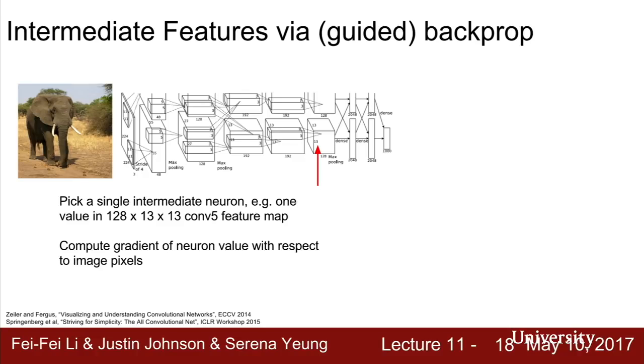You could imagine computing a saliency map for this: rather than computing the gradient of the class score with respect to the pixels of the image, you compute the gradient of some intermediate value in the network with respect to the pixels of the image. That would tell us which pixels in the input image influence the value of that particular neuron, and that would be using normal backpropagation.